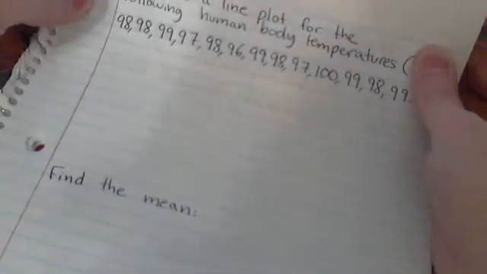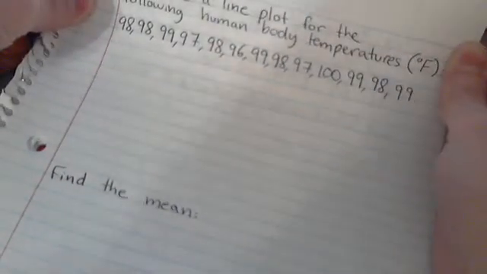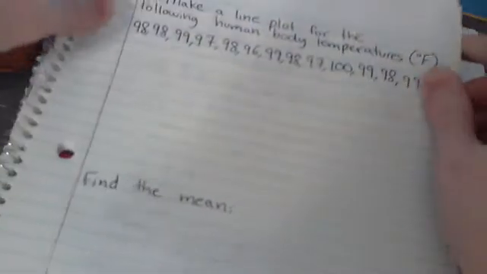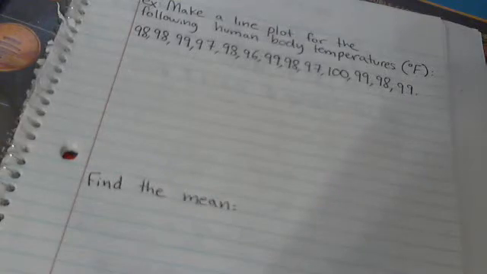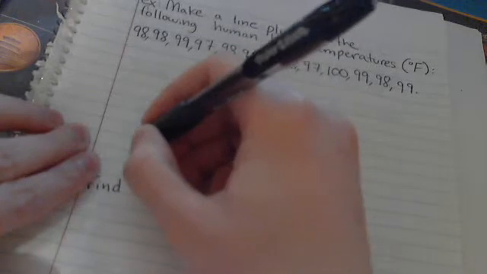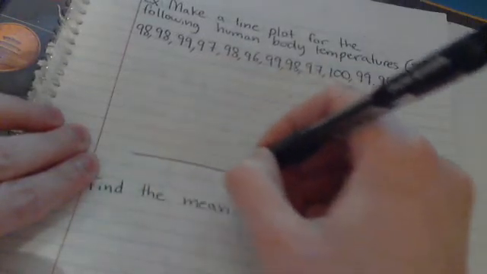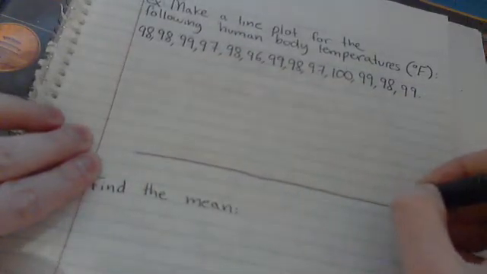First example is, hold on, let me fix my camera. Make a line plot for the following human body temperatures. So I'm given some human body temperatures, and I got to make a line plot for that. Remember, a line plot is the one with the X's. So what I'm going to do is I'm just going to put a little line.